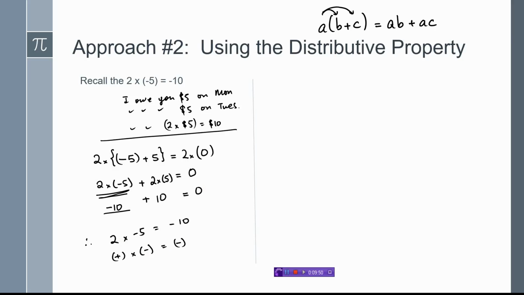So it was now interesting for us to go back to the same question. Why is it that we started off here? Why is it that the product of two negatives is a positive? And so I'm going to begin the same way.